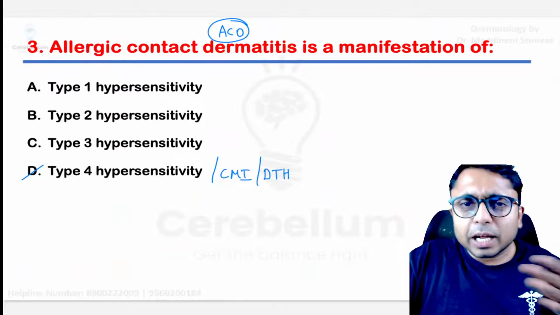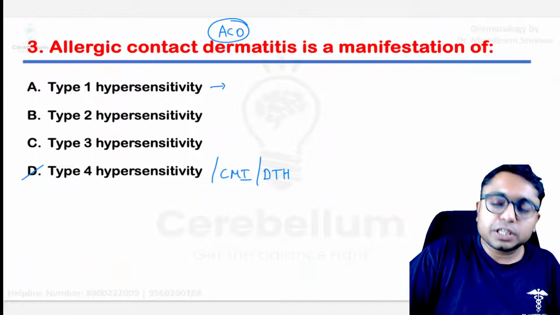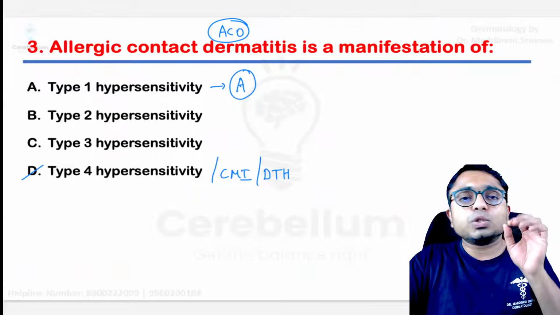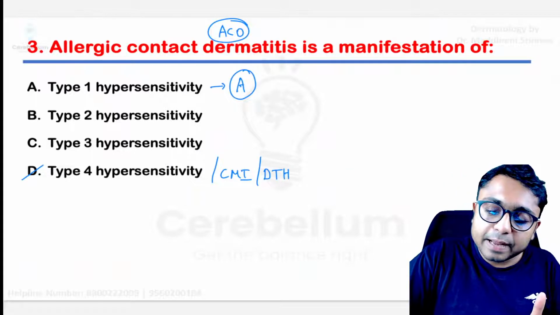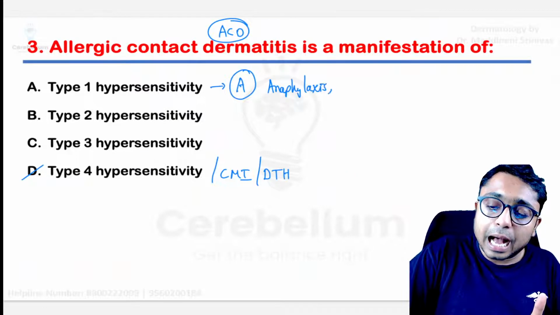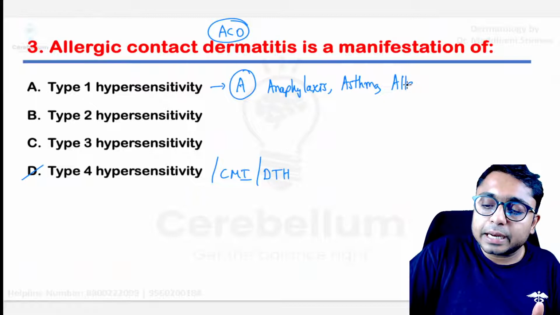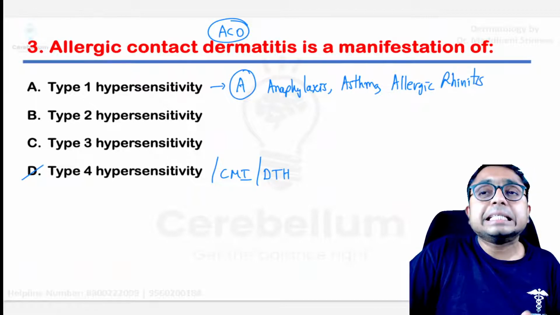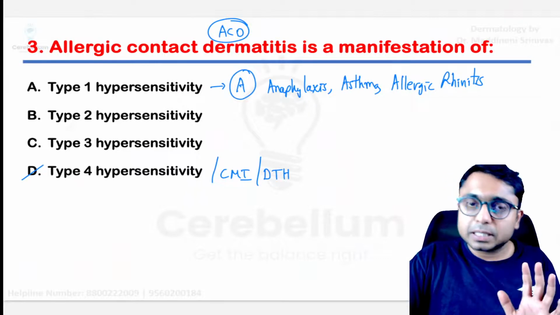Okay, about other options, type 1 hypersensitivity reaction, remember the examples with the help of the alphabet A. So anaphylaxis, asthma, and allergic rhinitis. These are the examples for the type 1 hypersensitivity reaction.